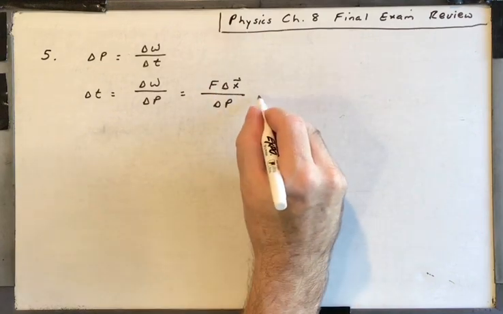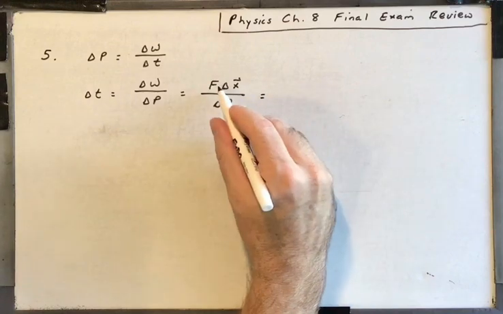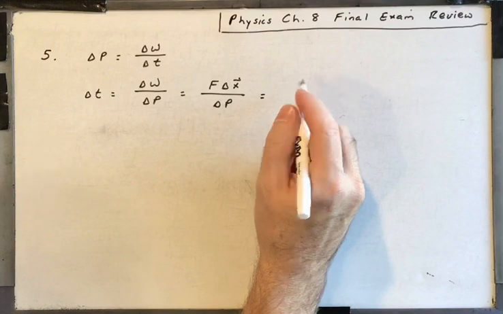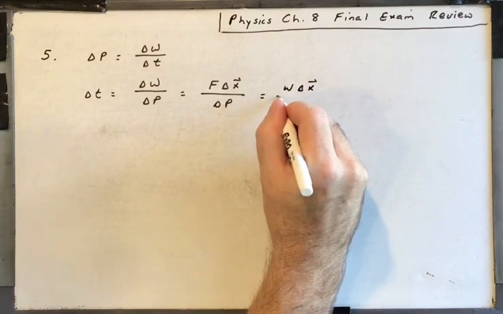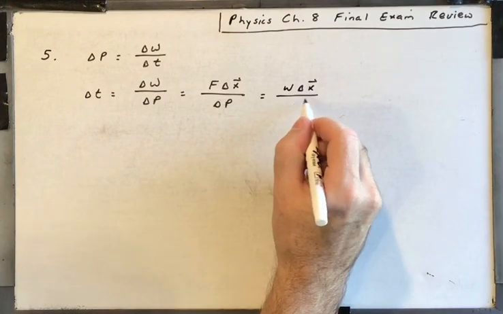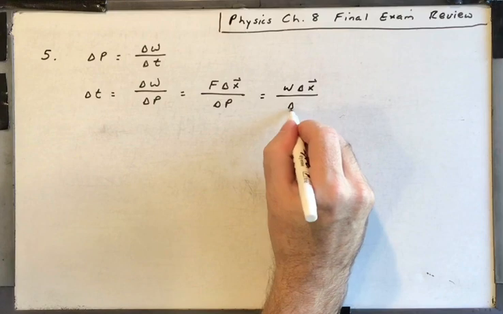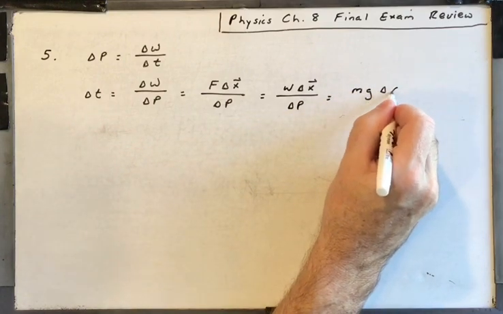It's just the weight of the sophomore, so it's weight times delta x. It didn't give you how many newtons of force, so the only thing it can be is that the forklift has to lift the weight. Well, what is weight? It's mass times gravity.